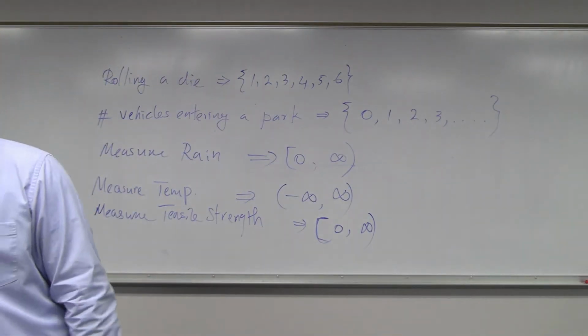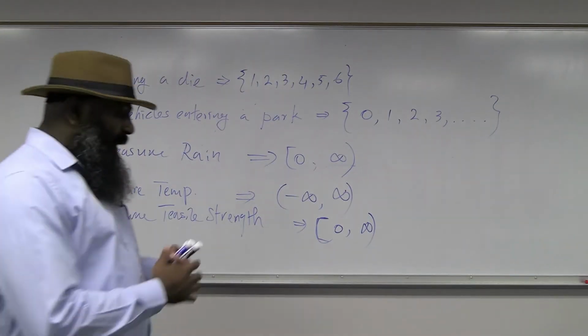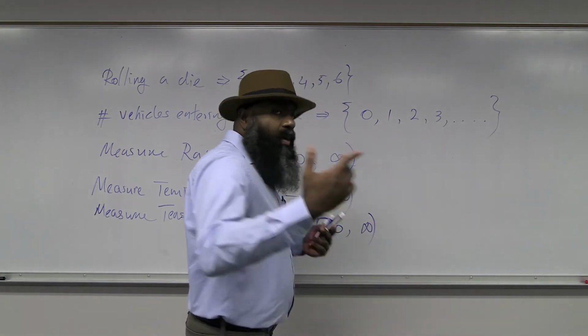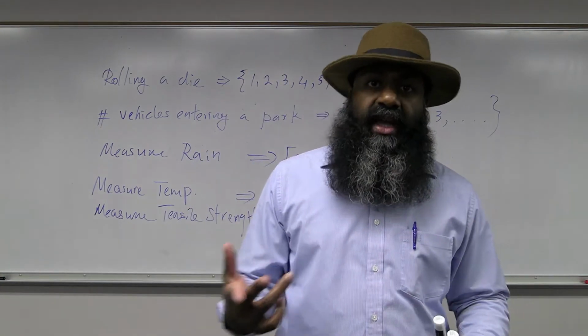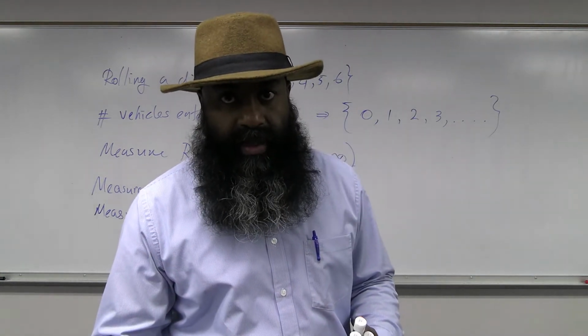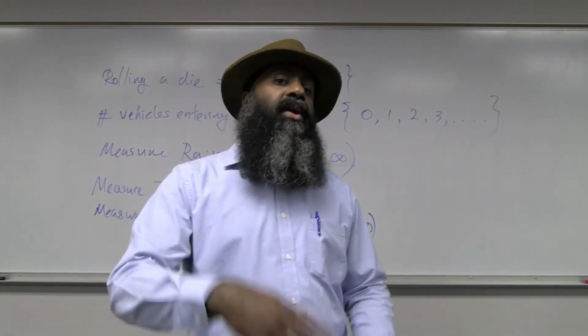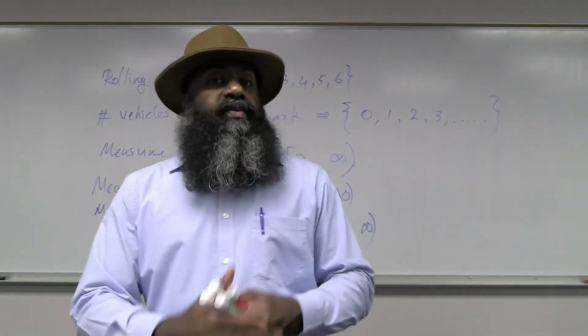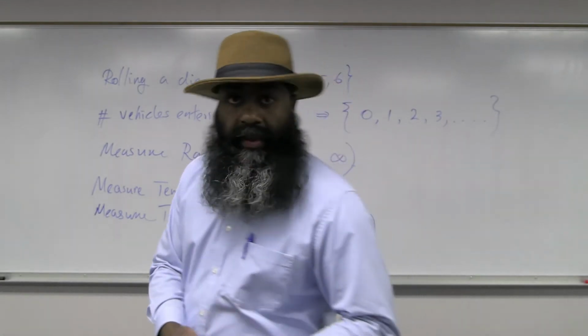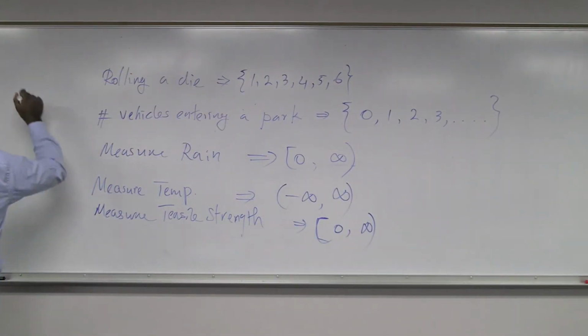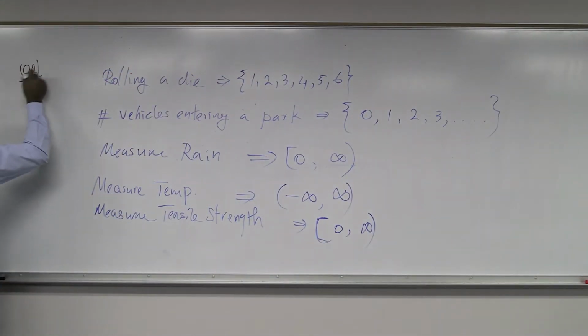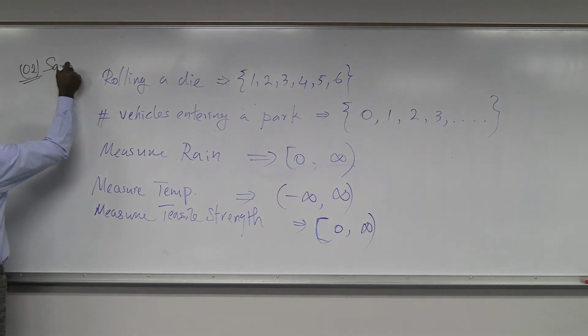Now, what is the sample space? The sample space is defined as all possible outcomes of a random variable. Or you can also say all possible outcomes of a random experiment. Either way is fine. So the point number 2, sample space.